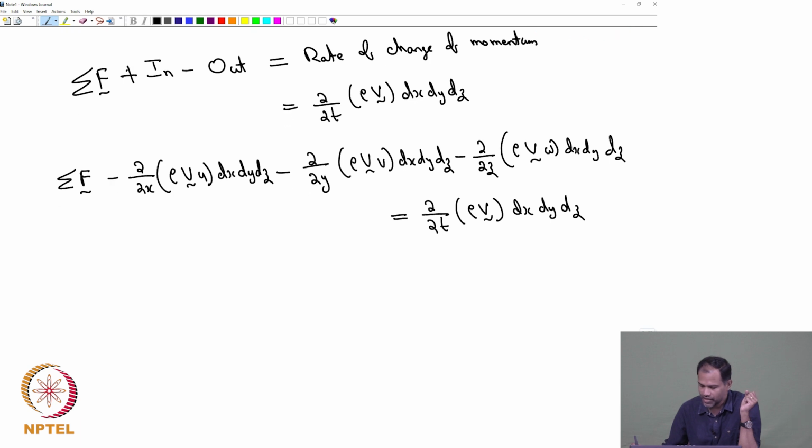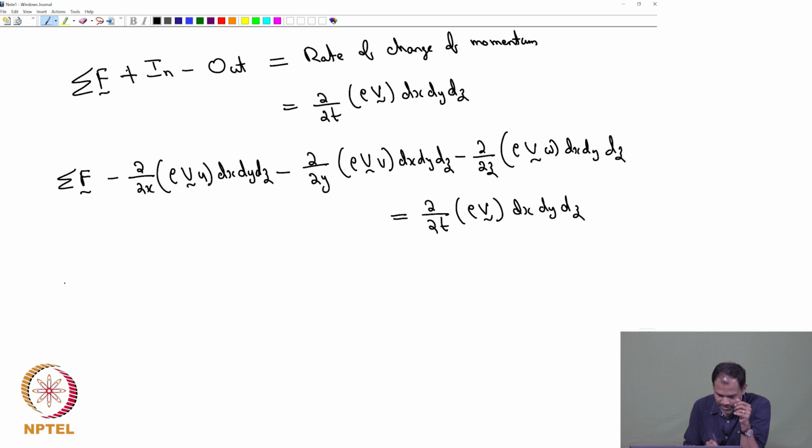Okay, so, that is the expression that now we have gotten when we have said that the sum of the forces plus momentum in minus momentum out is equal to rate of change of momentum. And now, we need to simplify this expression.